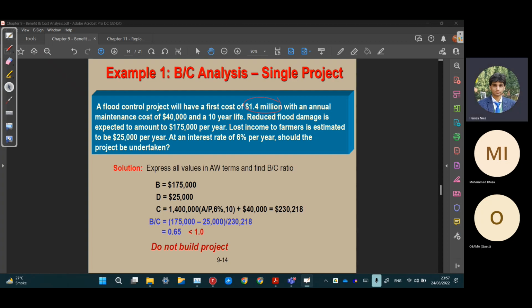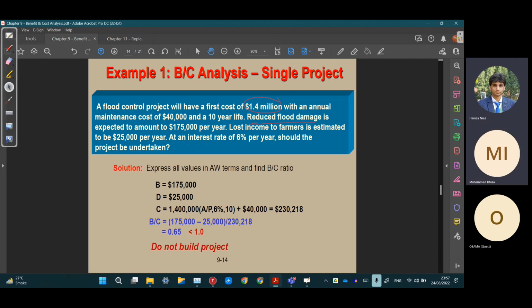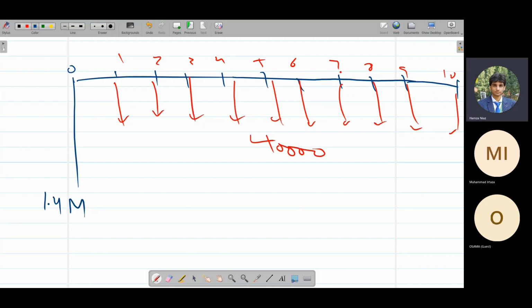Reduce flood damage. Now, if we look at this line, they are saying reduce flood damage. What is this reduced flood damage? Is this the benefit or a cost? Obviously, this is a benefit of the project. They have given it to us in monetary terms, that is 175,000.